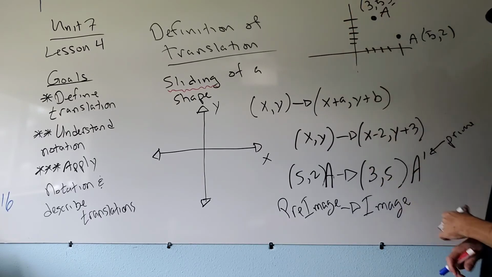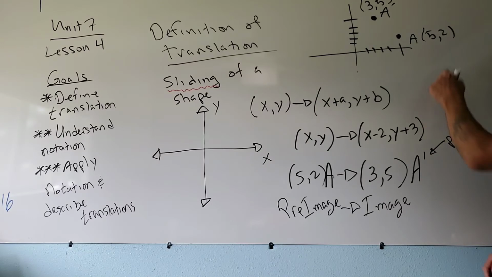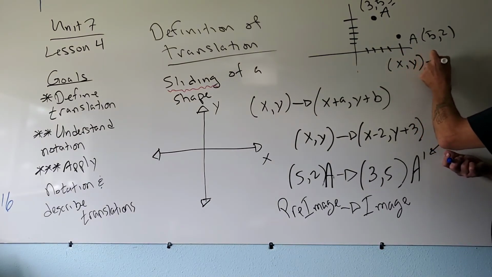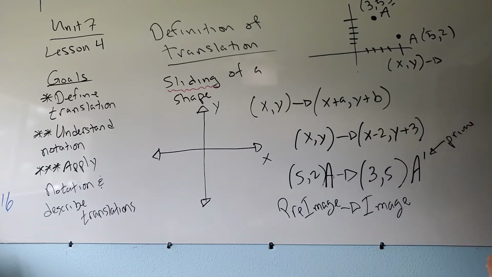And so the way that you're going to write the rule is you're going to say that you start at x, y, and you have to figure out how does 5 turn into 3. Well, you know that 5 turns into 3 by taking 2 away from it. And you know that 2 turns into 5 by adding 3 to it.